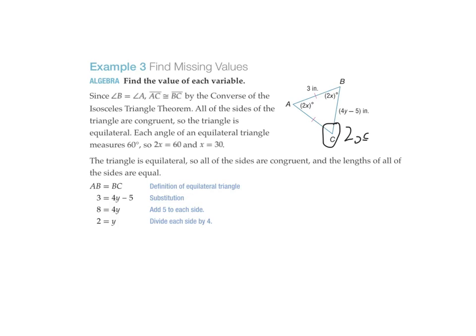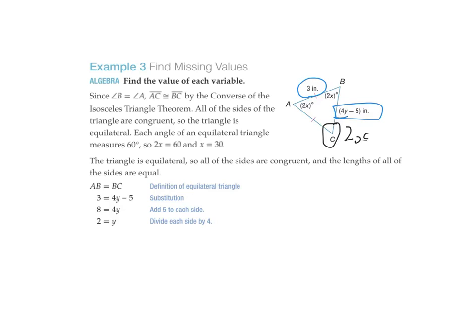The moment you see that, you know you've got an equilateral triangle, which then determines that this must also equal that, and that's how they've solved to find y. So looking at what you've got, they put 4y minus 5 equals 3. They're solving to find y equals 2.